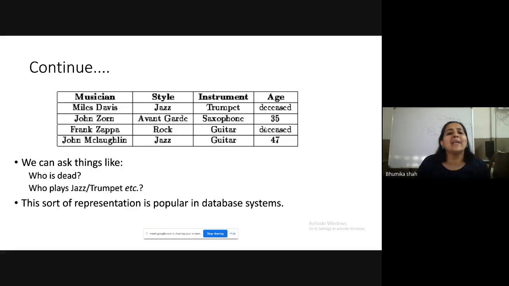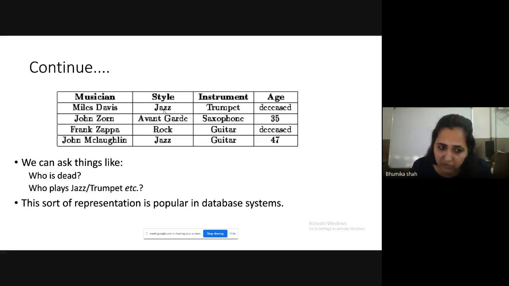So again, you can identify that from this style. Jazz is played by the first one and the last one, and trumpet is played by the first one only. So if you are talking about the one who is playing jazz as well as trumpet, then it will be the first musician only as the answer. So these kind of simple questions can be answered using this representation, which is also called simple representation.